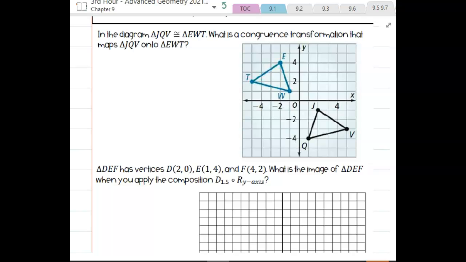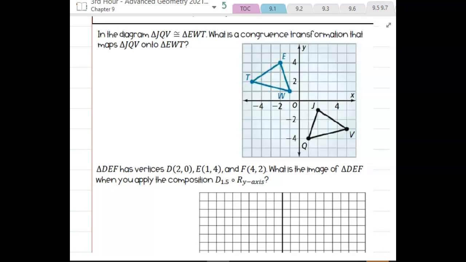But I also want you to notice that Q and W, see how Q's on the left and W's on the right? And then see here how V and T, but V's on the right and T's on the left? What do you think I need to do here? I kind of need to flip it around, right? So the first thing I need to do is reflect it.